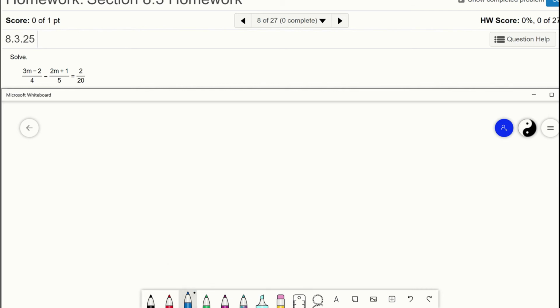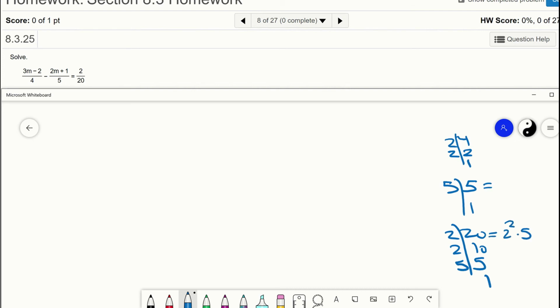And of course, if you look at the prime factorization of 4, that's just 2, 2, 2, 1, right? For 5, that's a prime number, so it's just 5, 1. For 20, we get 2, 10, 2, 5, 5, 1. So 20 is 2 squared times 5. 5 is just 5. And 4 is 2 squared.